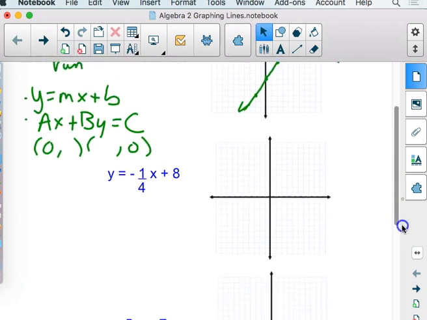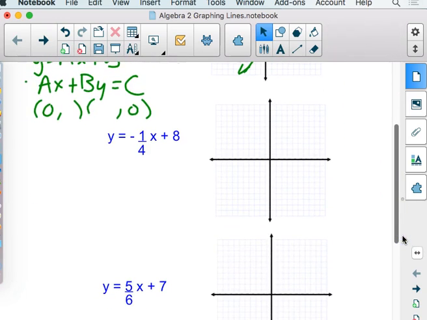So help me out with y equals negative 1/4 x plus 8. What are we doing with that one? Start at 8 where? Yeah, y-intercept. Y-axis. Then what? How do you know down? It's negative. Now, maybe I want to go up 1 and left 4. Could I do that?